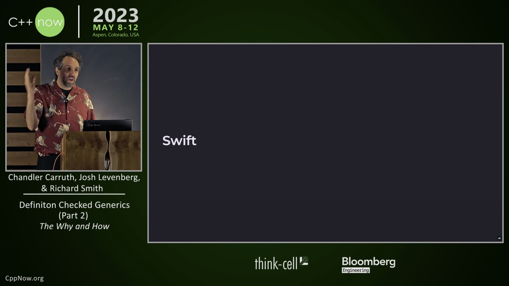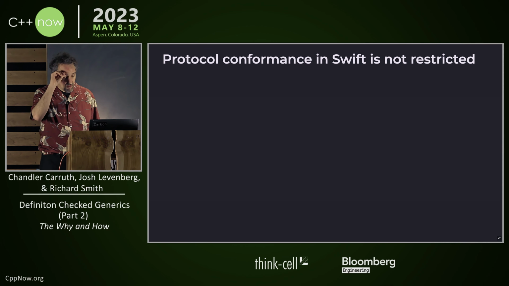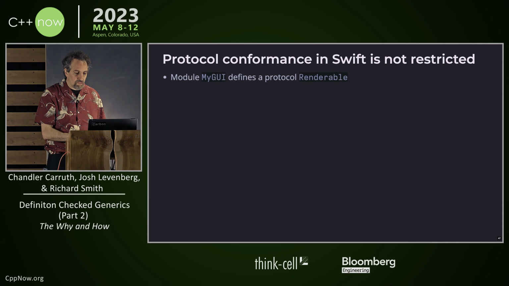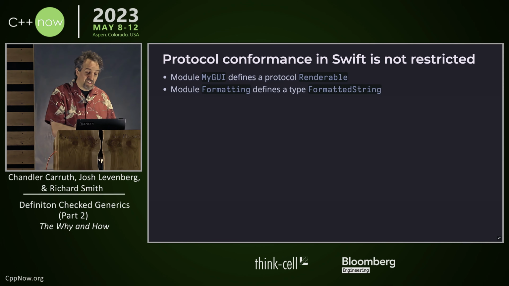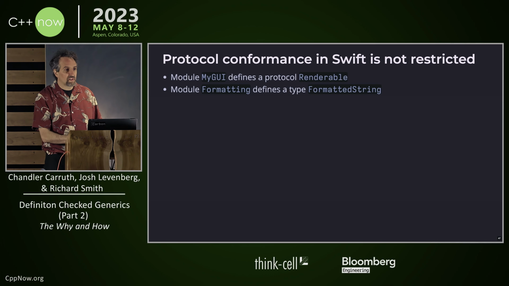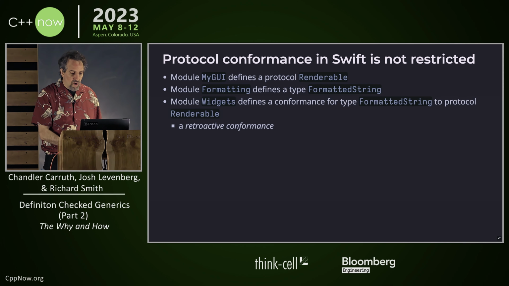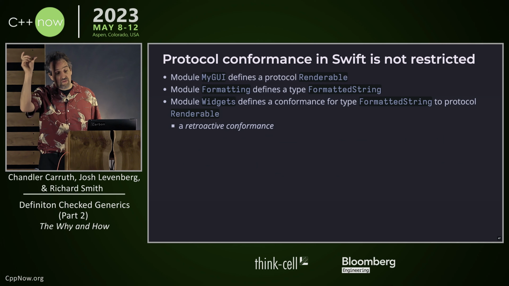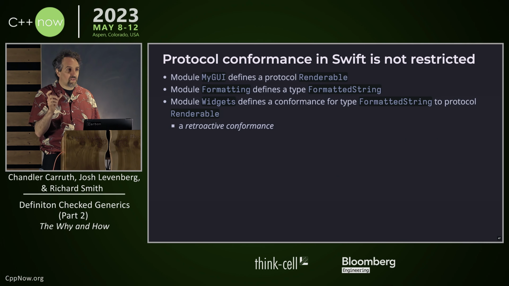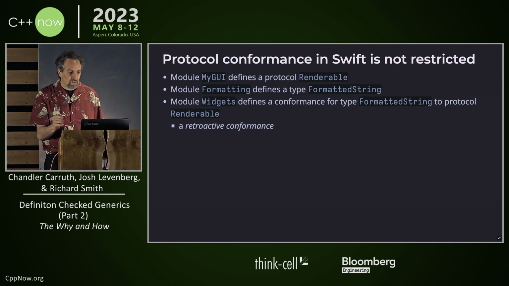Okay, so what can you do in Swift without any of these coherence restrictions? Let's do an example. We have a MyGUI module that defines a protocol, and a different module, a formatting module, defines a type. And a third module, the widgets module, defines a conformance of that type for the protocol.